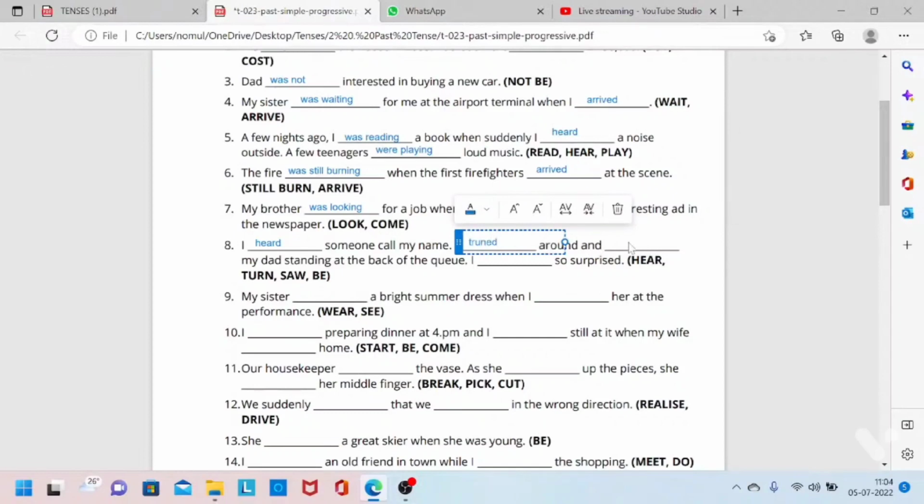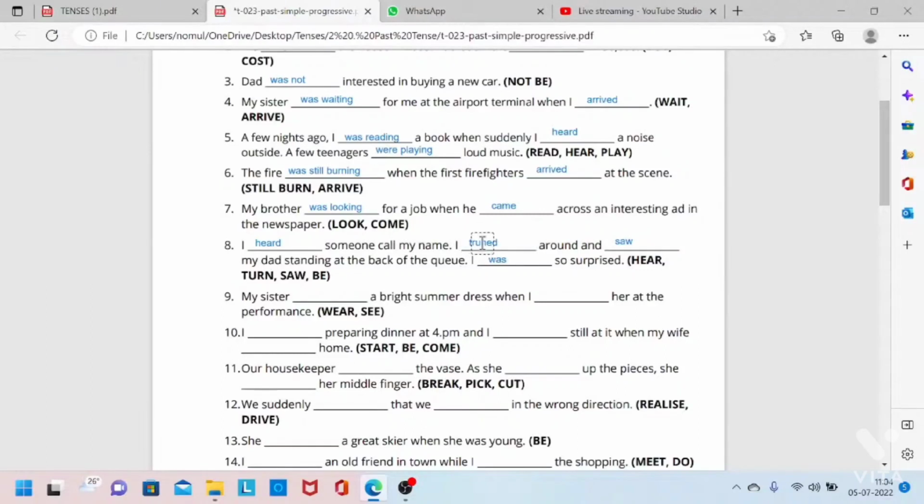And here again, saw. Okay, and saw my dad standing at the back of the queue, I was so surprised. Okay, I was so surprised. I heard someone call my name.